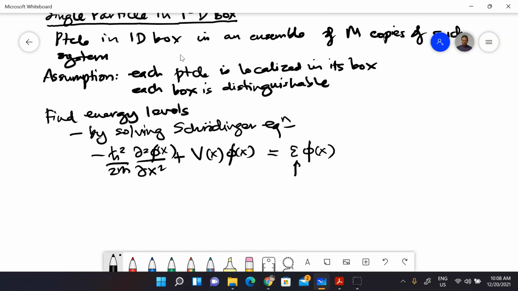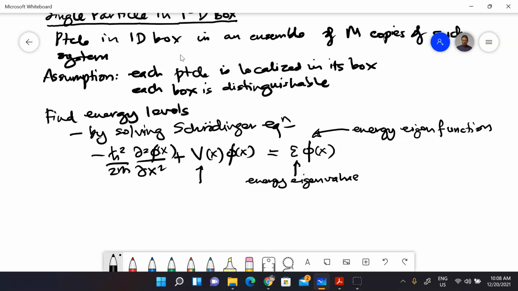Okay, so this is the energy eigenvalue. Normally what one does is to solve simultaneously the energy eigenvalue with the energy eigenfunction. If you remember, this very much depends on the potential, which we need to specify.